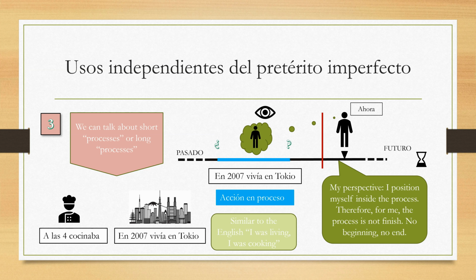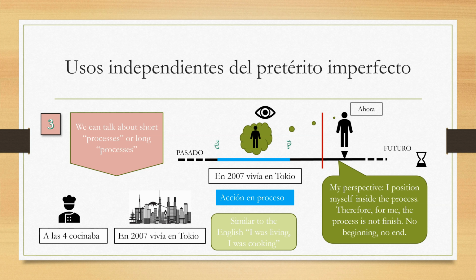If we remember what we were doing in pretérito indefinido, a short process was something like cociné durante 2 horas. I cooked during 2 hours.